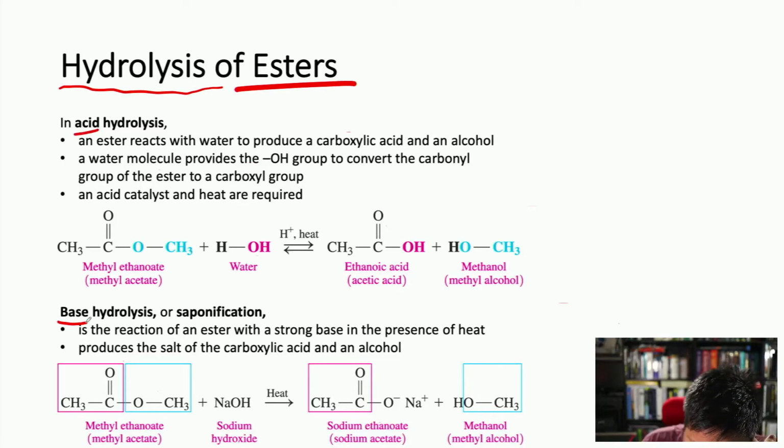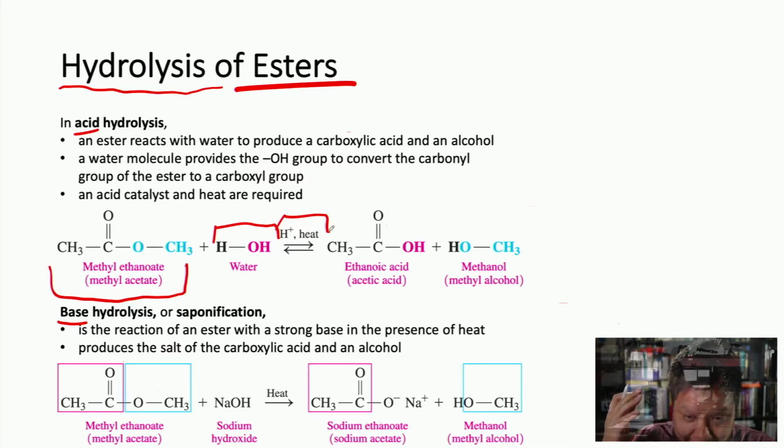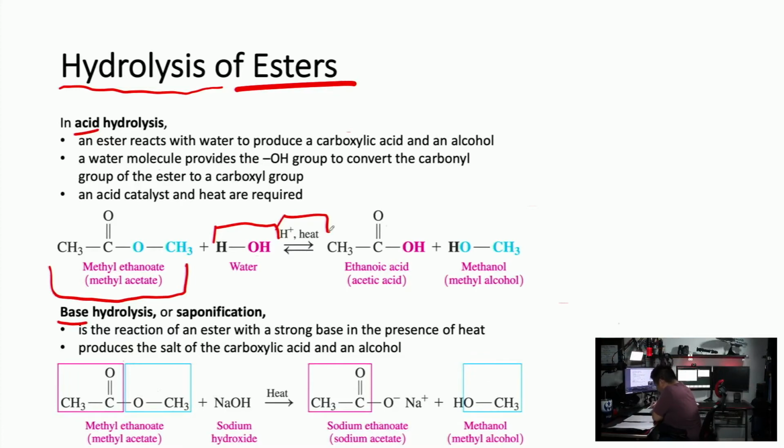And in acid hydrolysis, we'll look at this example here. We have methyl ethanoate or methyl acetate. We add water to it right here with some acid and some heat, protons and some heat, right? And what do we get? We get the carboxylic acid and the alcohol that made the ester, right?